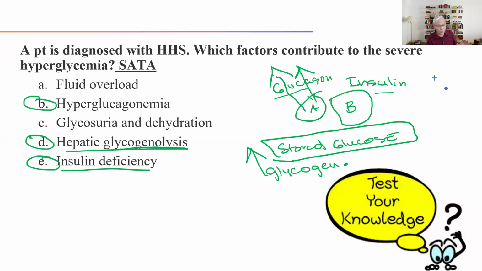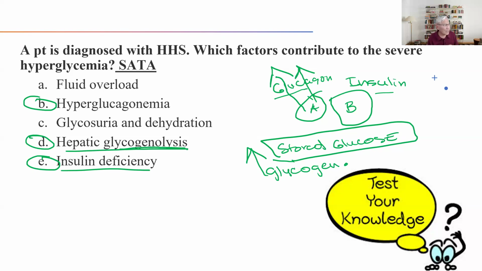So this tells you the three mechanisms why there's too much blood glucose in these patients. The first is an abnormal secretion of the alpha cells of the pancreas, causing an overabundance of glucagon being released.